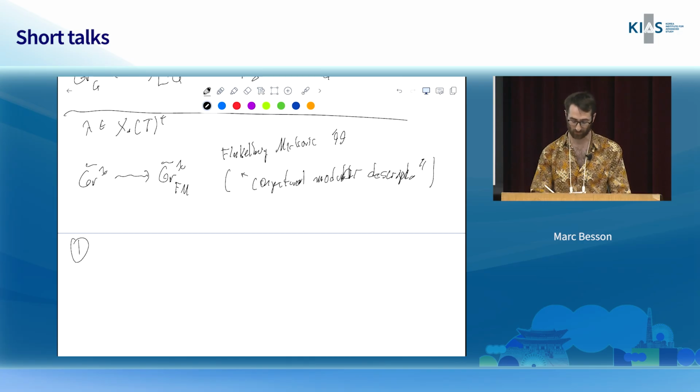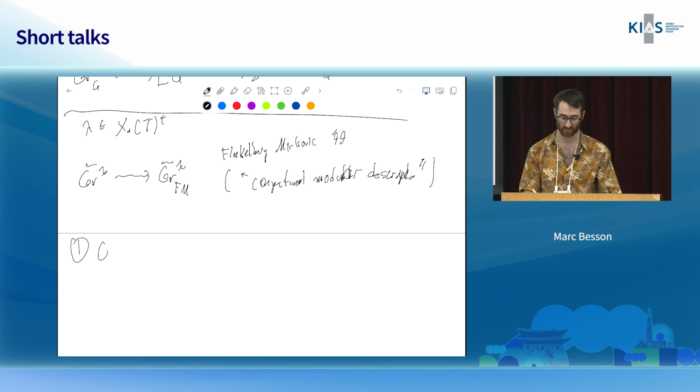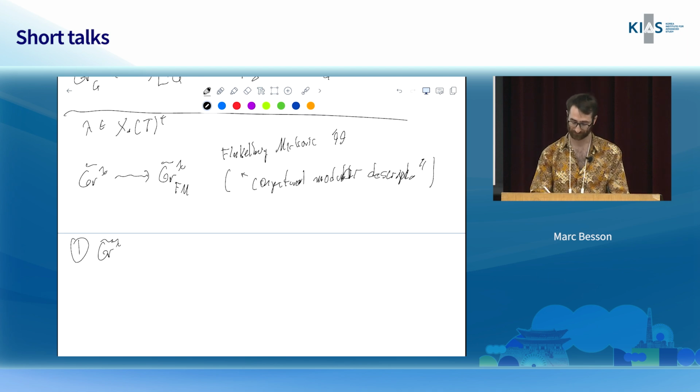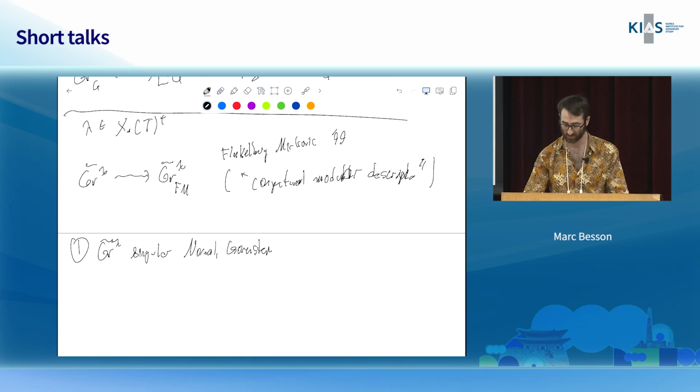And they have the following properties. So the first is that the affine Schubert varieties are singular, usually, but they're quite well behaved. So they are normal, they're Gorenstein, they have rational singularities, and in particular what I want to focus on today is that they are reduced, essentially by definition.